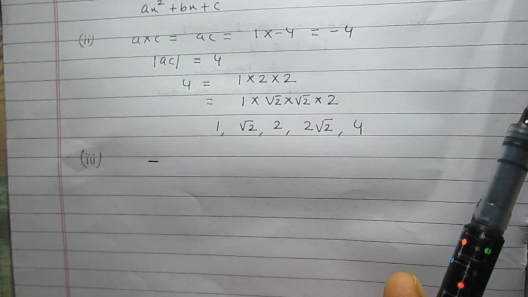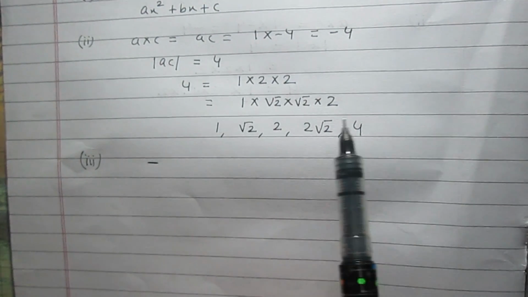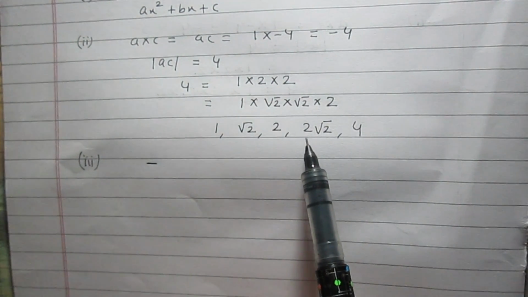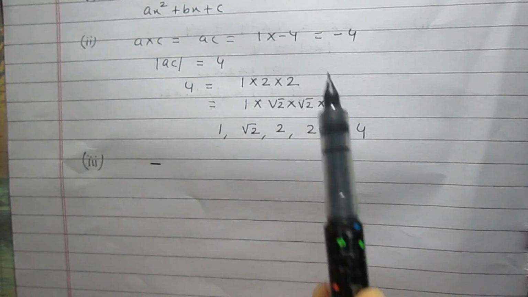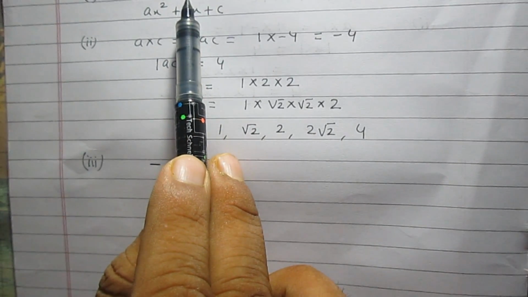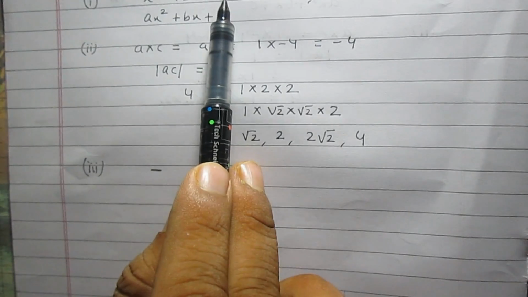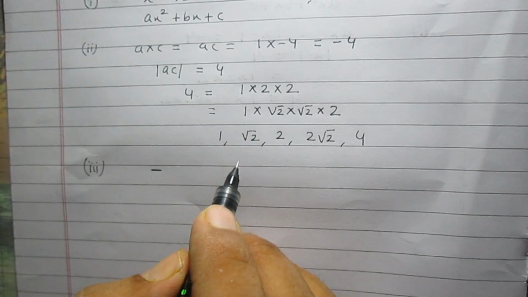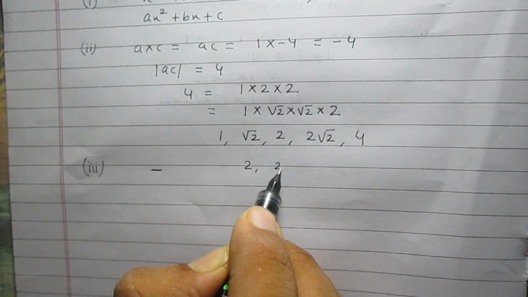Once again I am repeating, we will select two factors such that their difference is square root 2 and their multiplication is 4. Okay, so the two factors are 2 and square root 2.